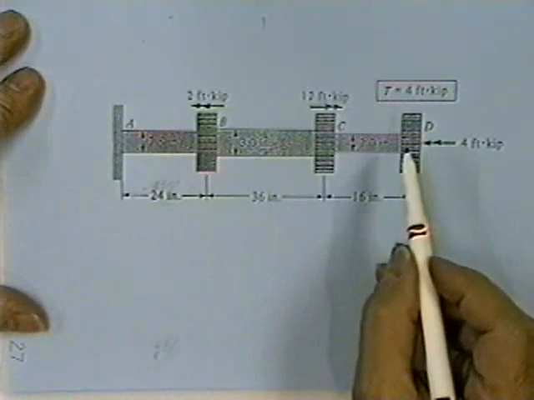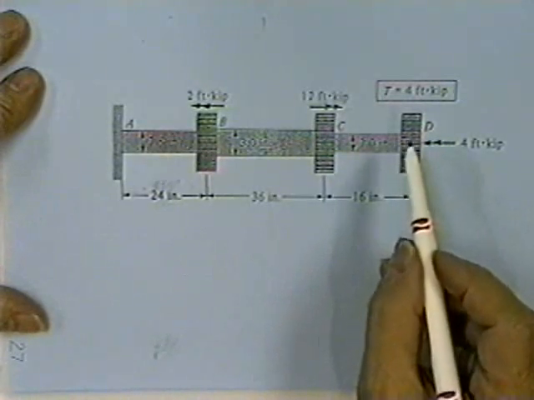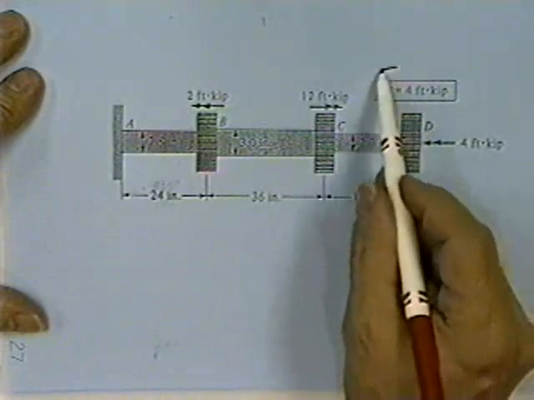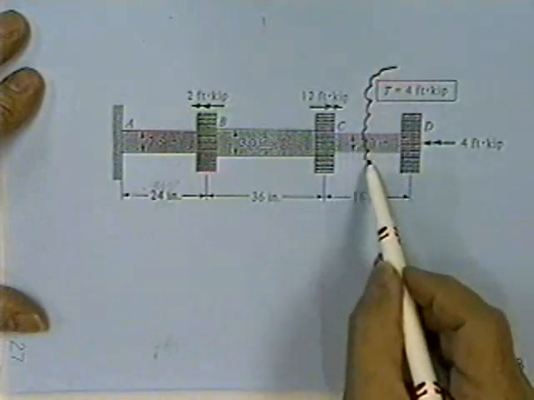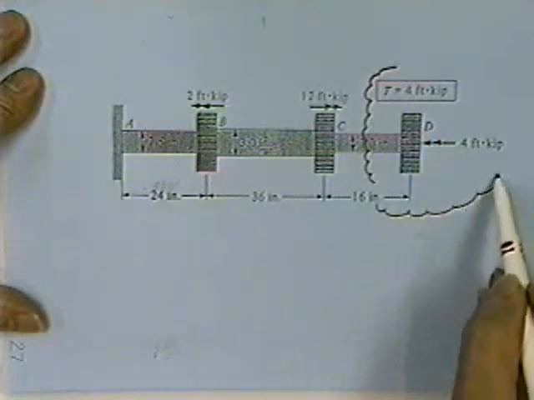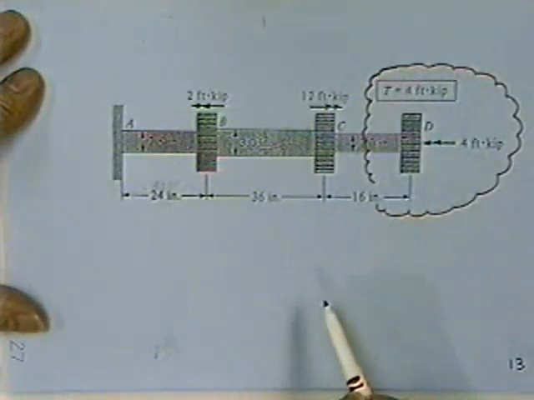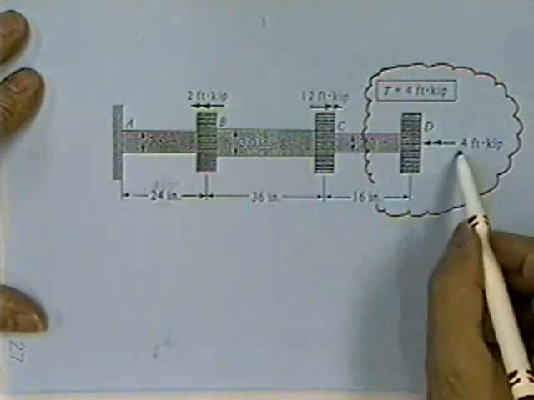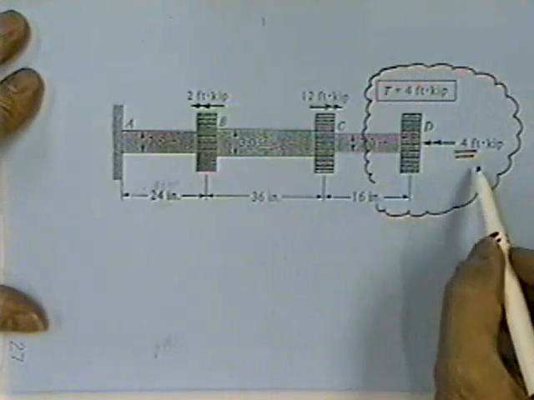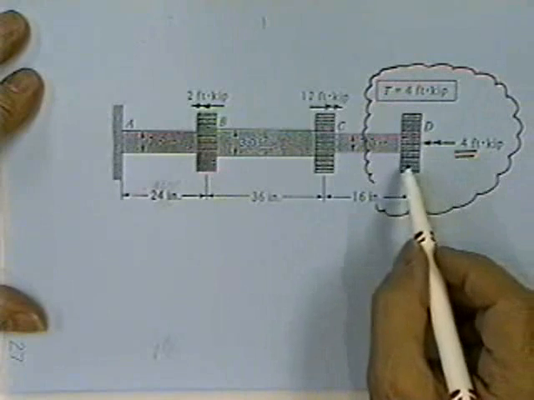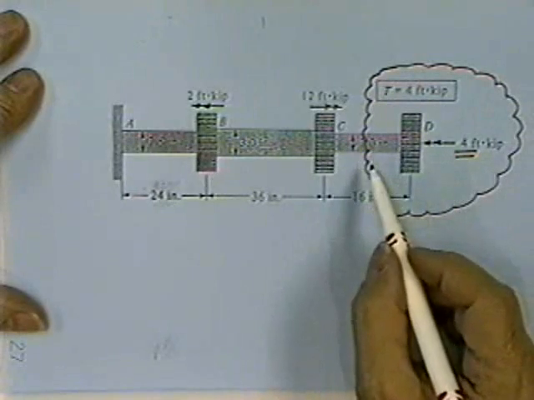It works exactly like we worked for the bar in tension. If you want to know how much stress there is in bar CD, you simply cut through bar CD. You isolate it. You find out that there's 4 kip feet applied, and it doesn't seem to be any balancing kip feet running around loose.